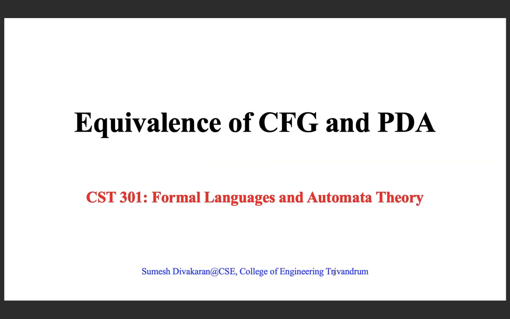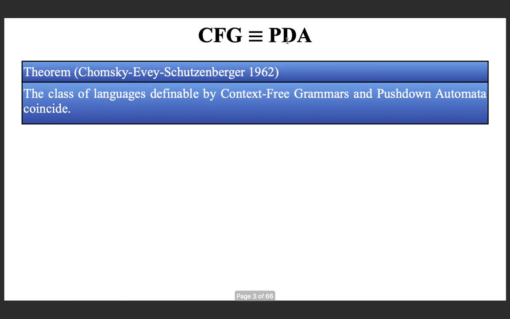The topic for today is equivalence of context-free grammar and pushdown automata. We shall prove that CFG and PDA are equivalent. This is the theorem introduced by Chomsky, Evey and Schützenberger in 1962.